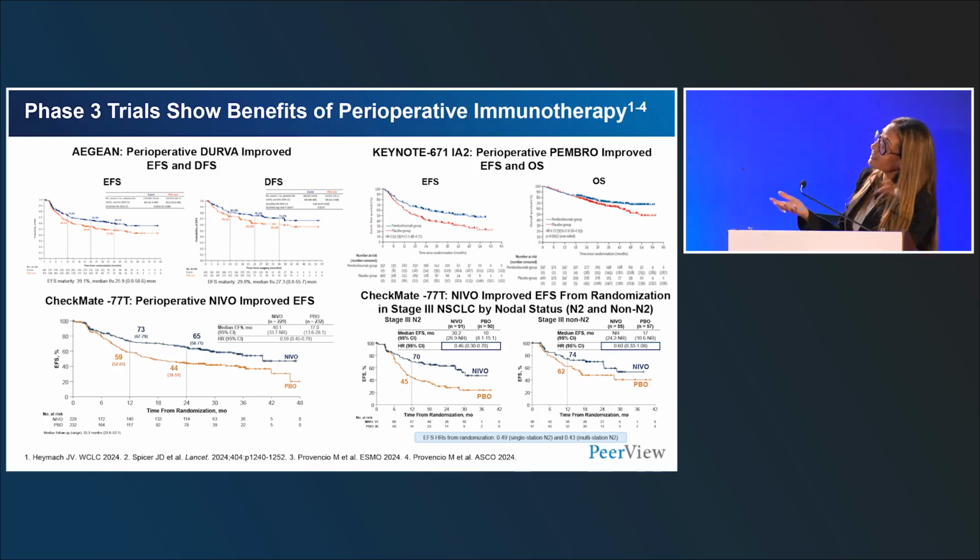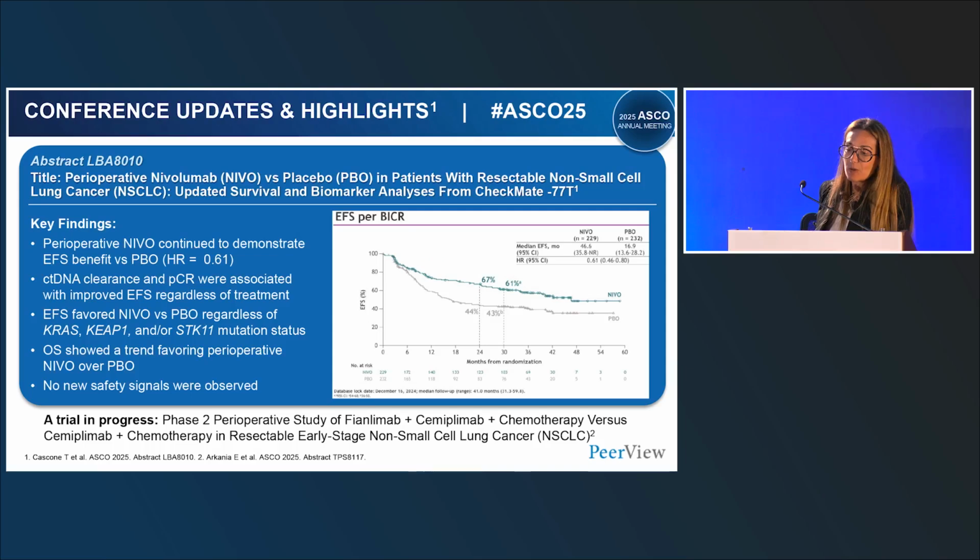We do see this also in the CheckMate 816. So definitely a population, when you have more nodal involvement, that you might strongly consider for a neoadjuvant approach as compared to upfront surgery. And I feel, Heather, that the community is pretty much in alignment with that judgment call. So you can see the separation of the curves with the nodal involvement in favor of chemo-nivo as compared to chemo alone.